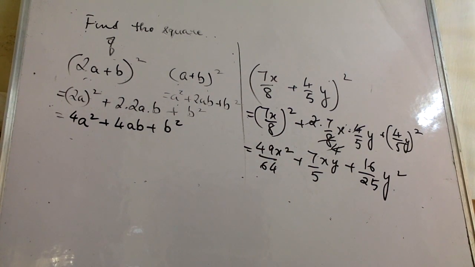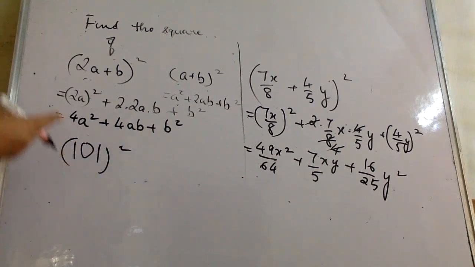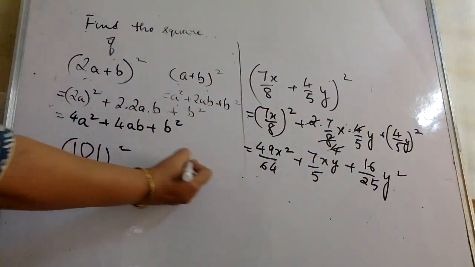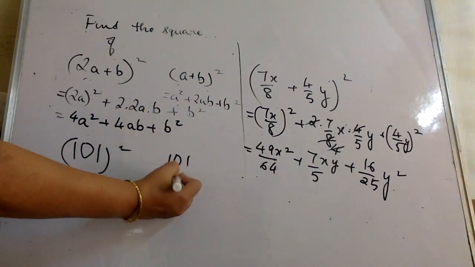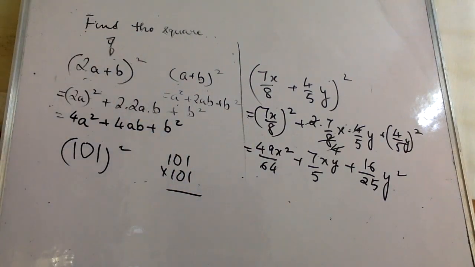Then, let's take up one question. Use identities to evaluate 101 square. They want you to find this square. But then the question is, 101 square, can't you do it like this? You can, but then what is the use of identities?